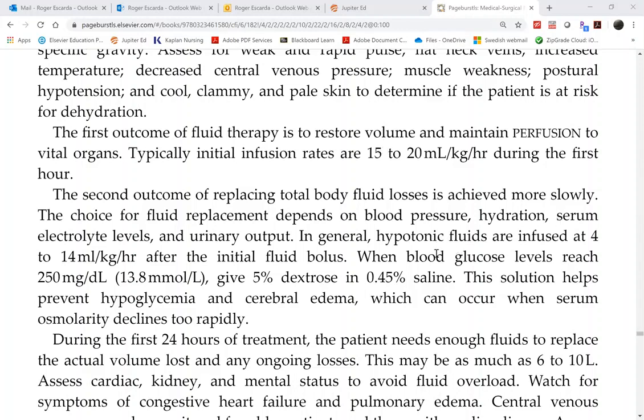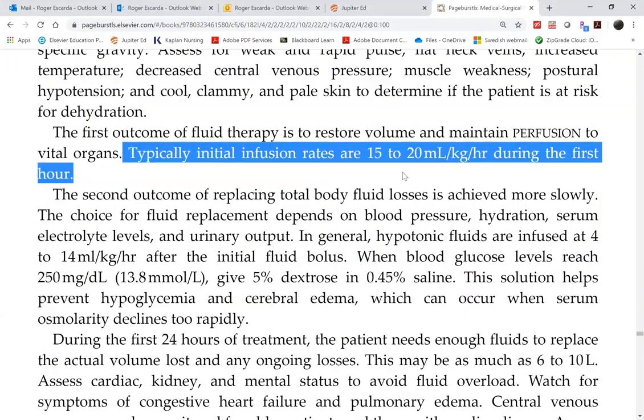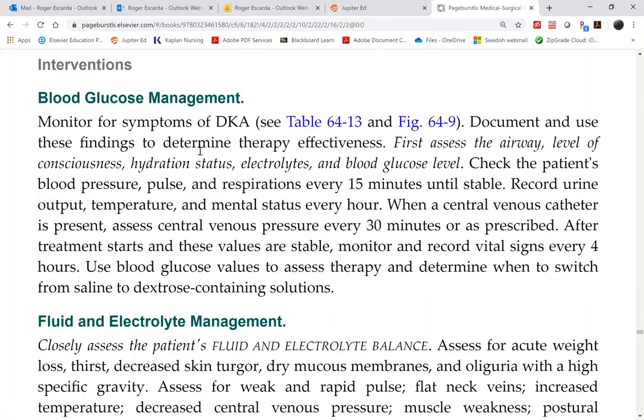It says here, after the initial bolus, which is your bolus, right? So this is the bolus currently running. So we can't sit down and then fiddle with our fingers. We have to move on to the next goal. Again, these are our goals here. It says airway, hydration, electrolytes, and blood glucose levels.